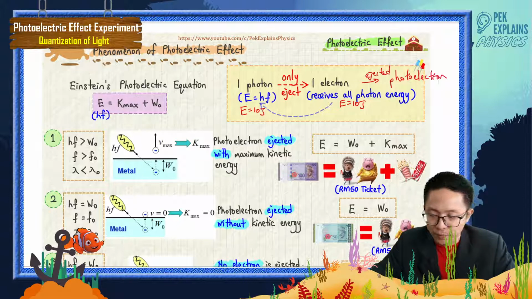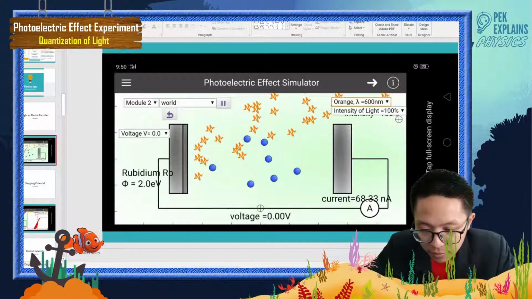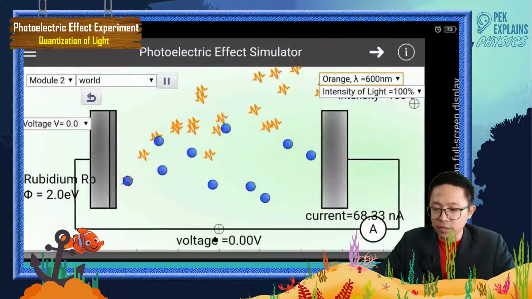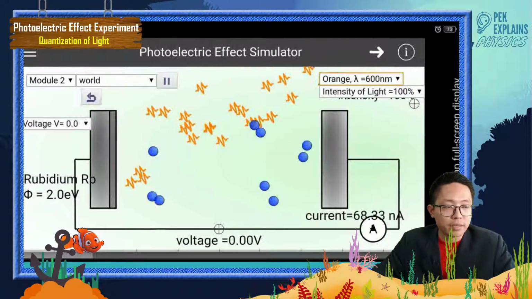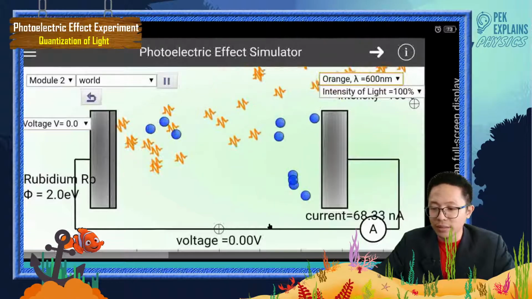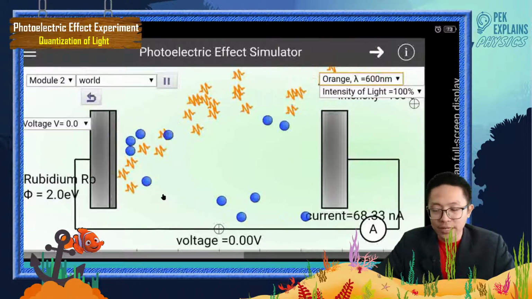Look at this figure. Look at here. This one is zero voltage, but you still have current. Why at zero voltage is there still current? The electron gains energy.